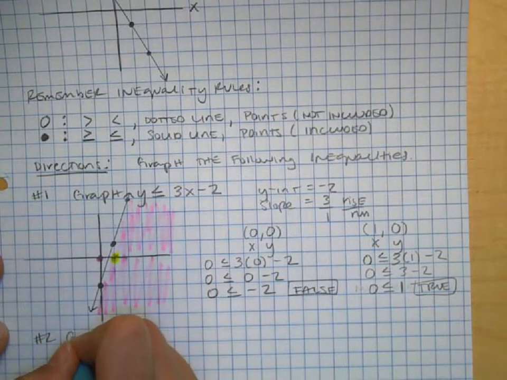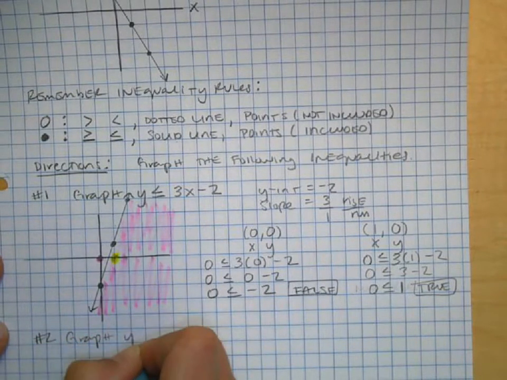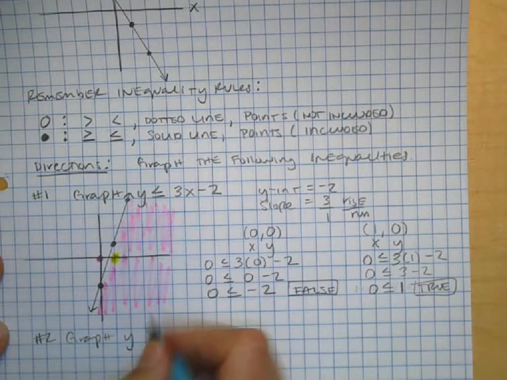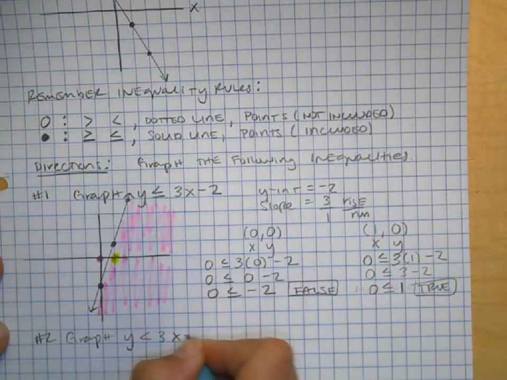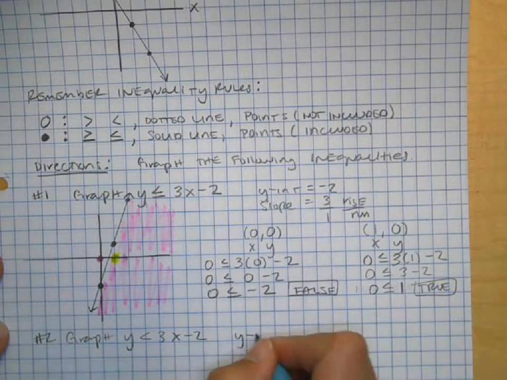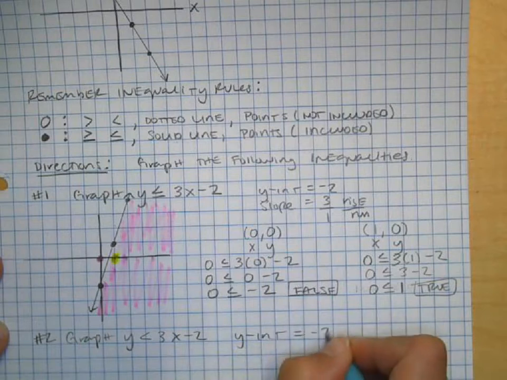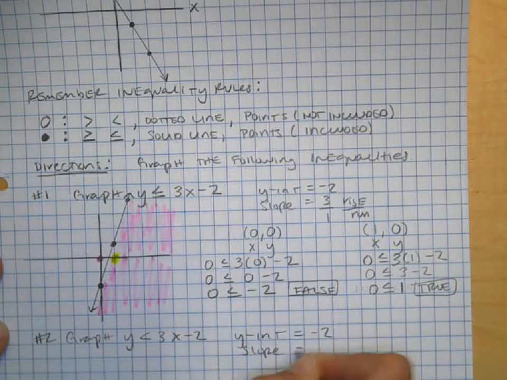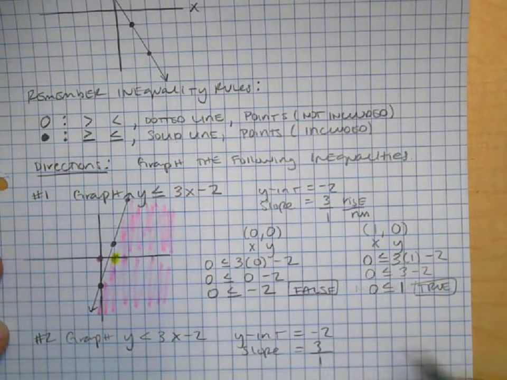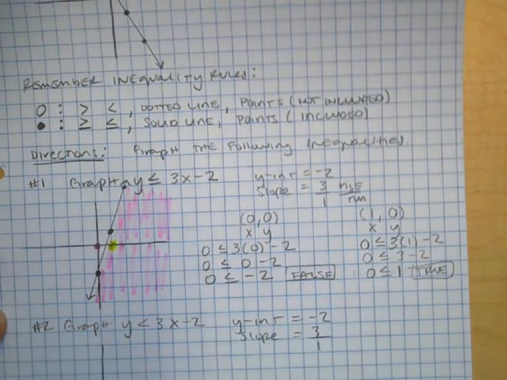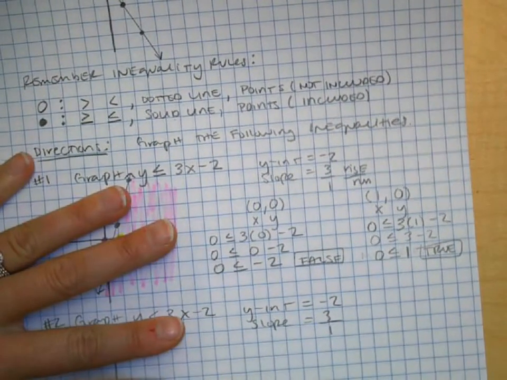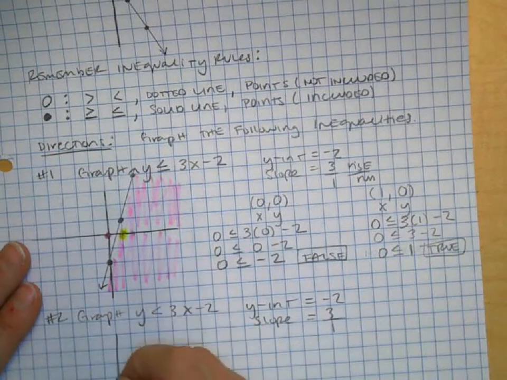Number 2, we're going to now graph y is just less than 3x minus 2. We have our y-intercept of negative 2. We have our slope of 3 over 1. I'm going to go ahead and graph, and we're going to start at that y-intercept being negative 2.